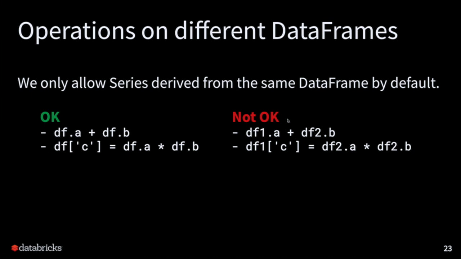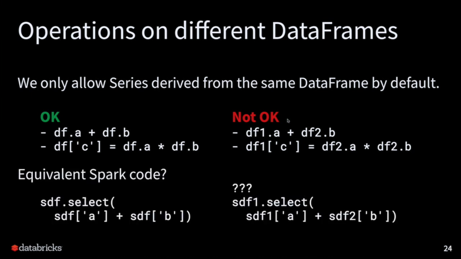But currently, Koalas doesn't allow these operations by default. This is because the Koalas backend is Spark data frame, which doesn't have these operations. The equivalent Spark code is like this, sdf.select and so on, but on the right side, it includes sdf1 and sdf2.